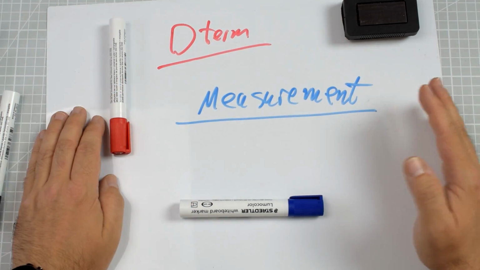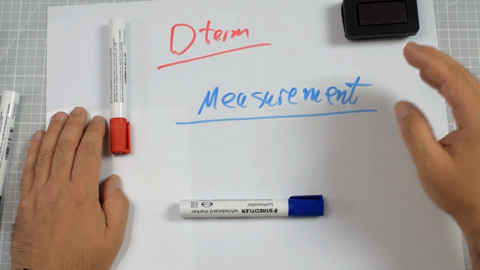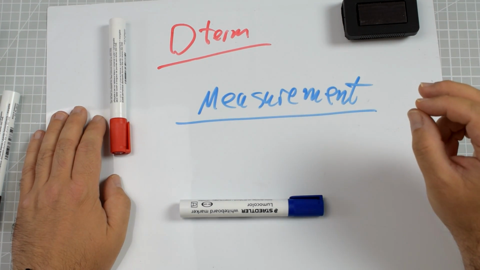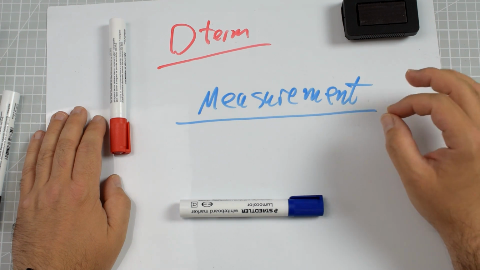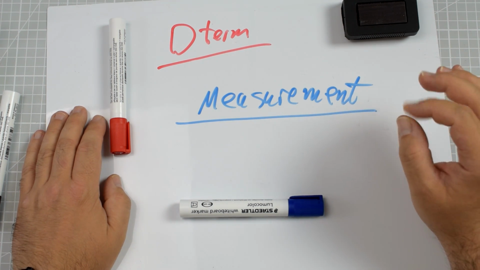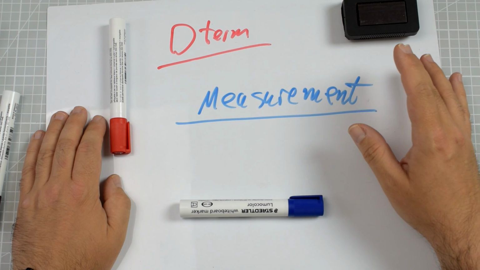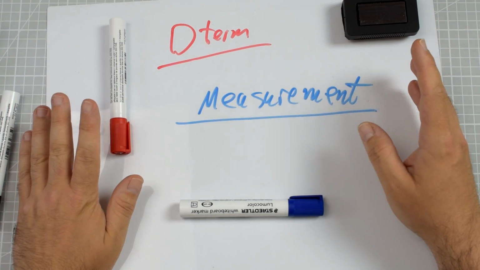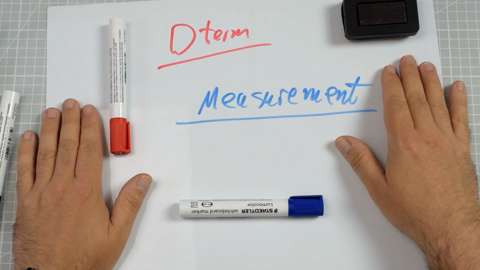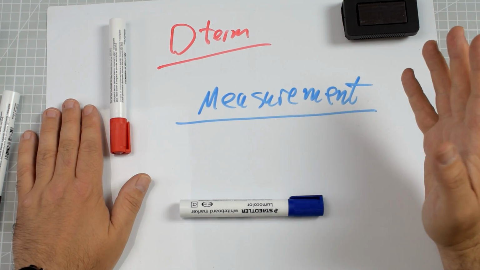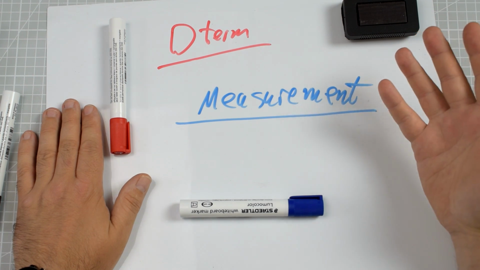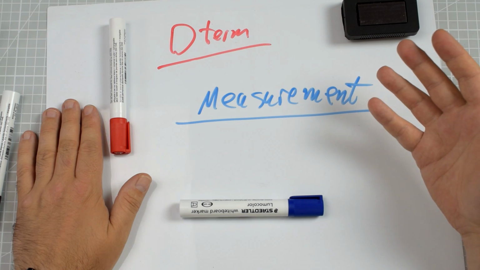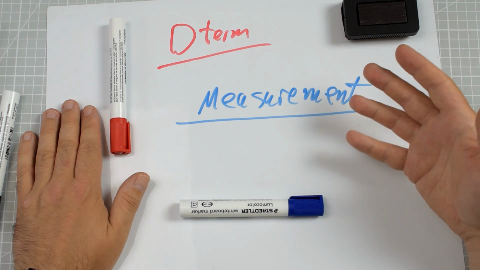This has some advantages and disadvantages. The advantage of such an approach is that there is no so-called derivative spike. I will explain exactly what a derivative spike is in the next part, but the derivative spike does not exist when the D term is computed from the measurement. This, however, has the penalty that the response of the PID controller is always damped.